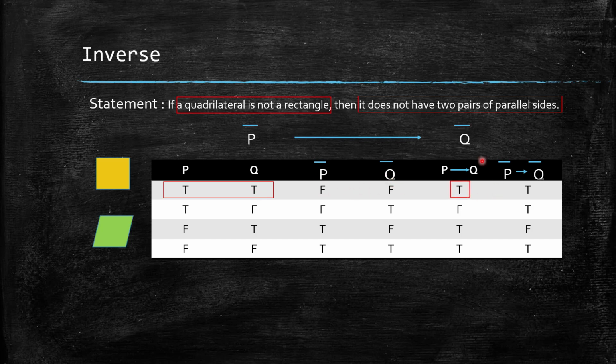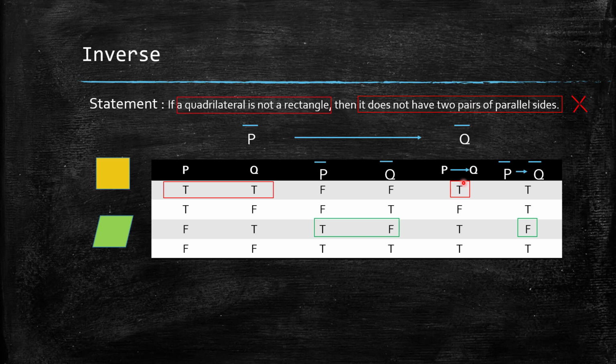Our P implies Q was true, but in this particular scenario our P bar is true, but our Q bar is false. That's why our P bar implies Q bar is becoming false. So given the current scenario, this statement is false, that means it does not have the same truth value as our P implies Q.